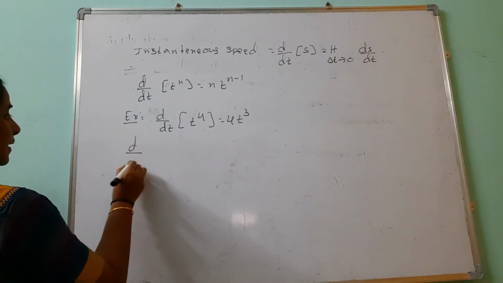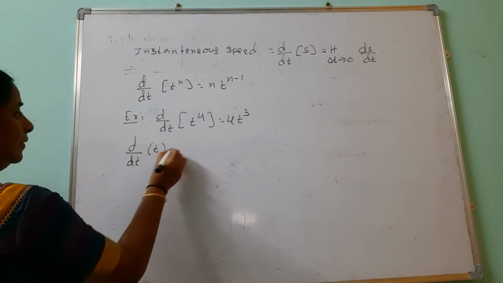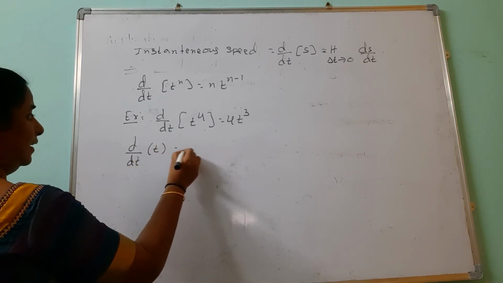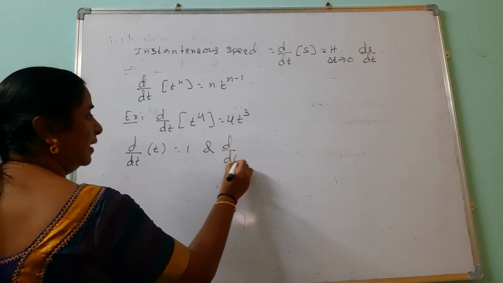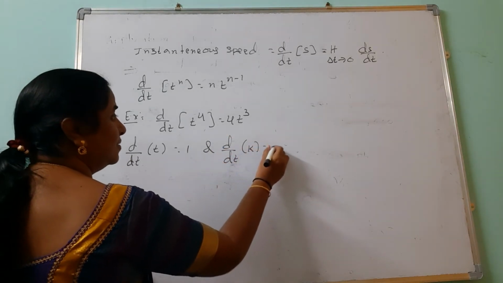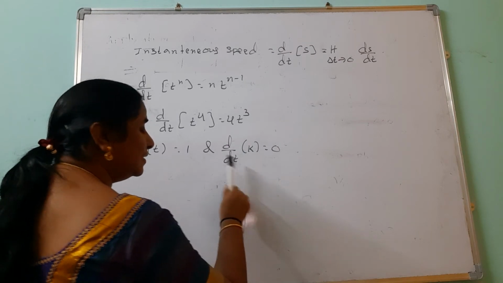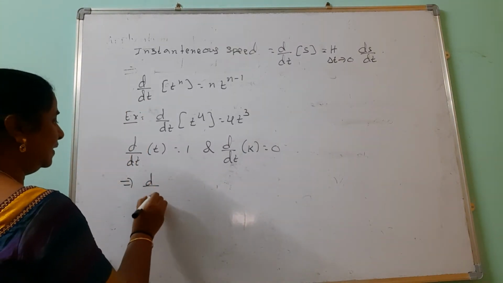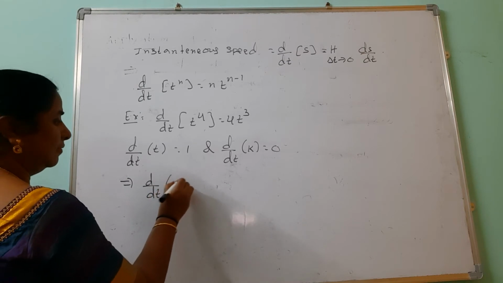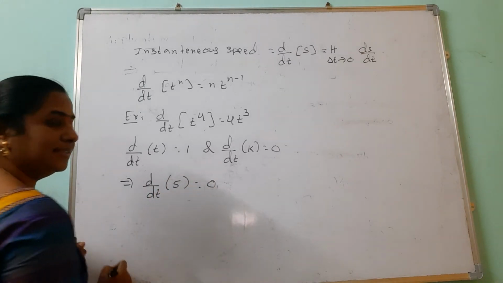Like d by dt of t, dt cancels, you are getting 1. And d by dt of any constant equals 0, meaning this is not changing with respect to time. d by dt of 5, it is constant, you are getting 0.